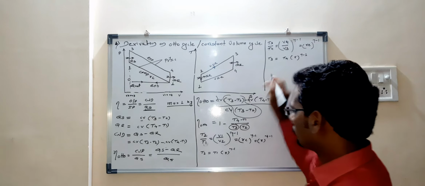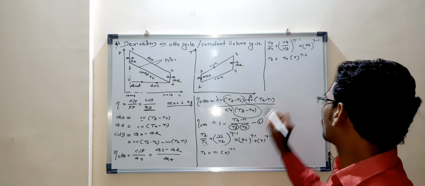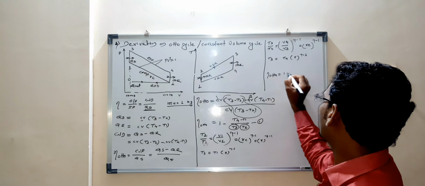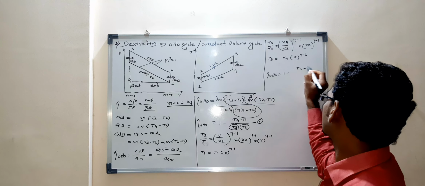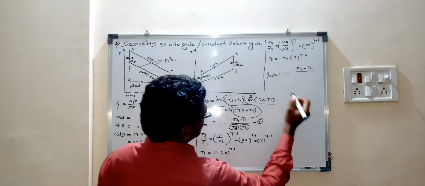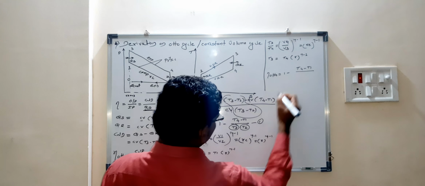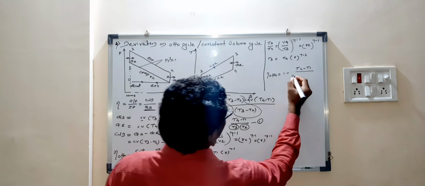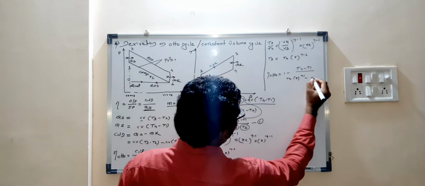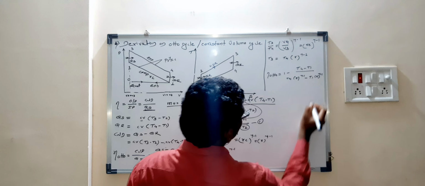Now substitute the values of T3 and T2 in equation number 1. So efficiency of the Otto cycle is equal to 1 minus (T4 minus T1) divided by the value of T3, which is T4 R raised to the power gamma minus 1, minus T2, which is T1 R raised to the power gamma minus 1.